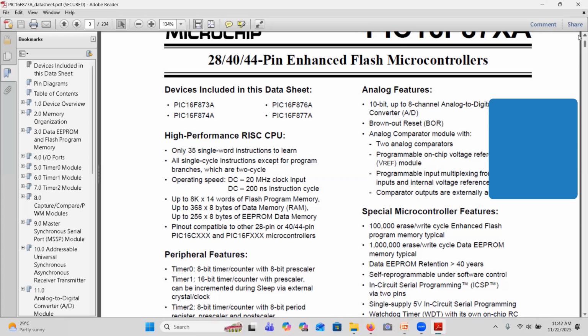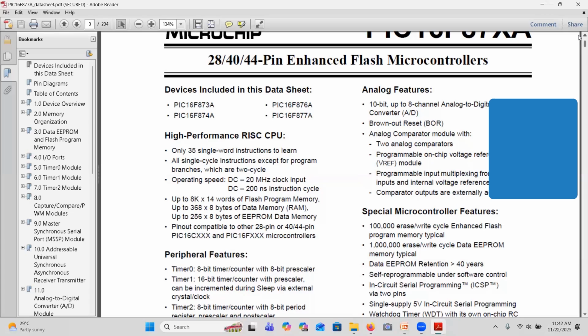Will there be 8 analog to digital converters in that particular microcontroller? No sir. There is one analog to digital converter having the resolution.